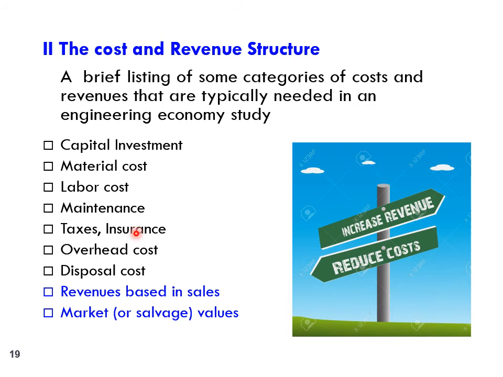In developing these cash flows, sometimes errors are made, and maybe the most serious source of errors is overlooking some important categories of costs and revenues. Therefore, the cost and revenue structure should be designed carefully.